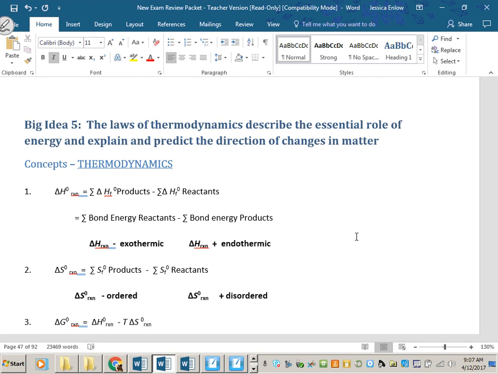at equilibrium, does delta H equal... at equilibrium, delta G is equal to what? Delta G naught or delta G?